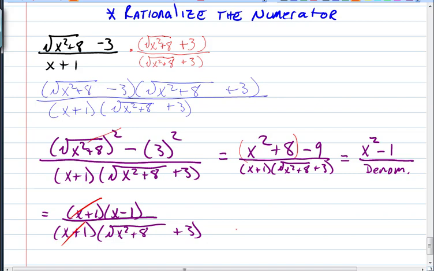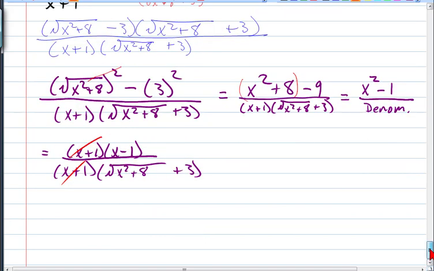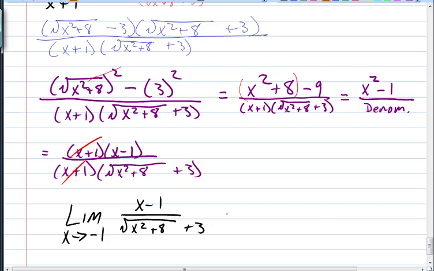So now I'm looking at the limit as x approaches -1 of x minus 1 over the square root of x squared plus 8 plus 3.